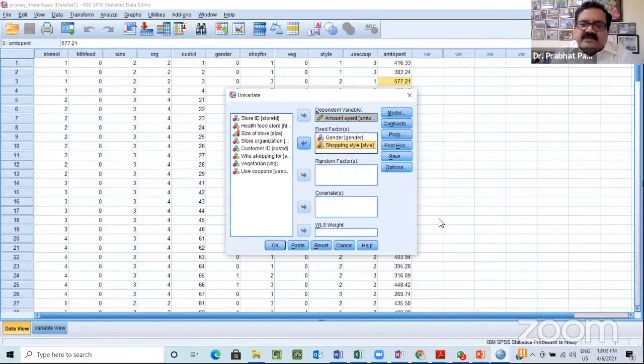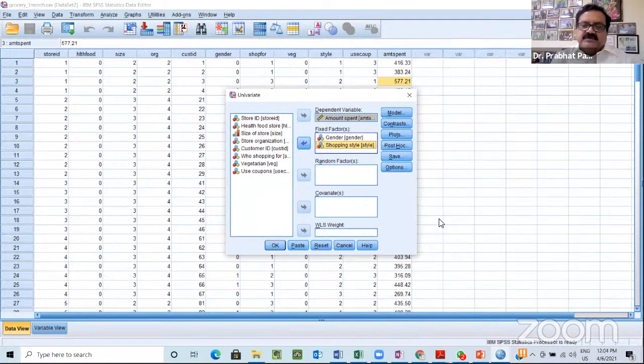We are taking two independent variables, and there is something called the interactive effect, which we are also going to include in the model. So what is an interactive effect? When you're looking at the impact of gender on purchase, that is univariate, not interactive. And when you're looking at shopping style and purchase, if a particular person comes as a weekly buyer or a monthly buyer, these are the shopping styles. How do they affect the purchase?